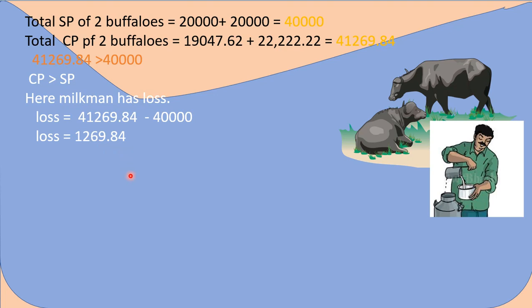So what do we have to find? The question says find out his overall gain or loss. So we found that the overall loss is there, and it is rupees 1,269.84. So we can say the milkman gets an overall loss, and it is rupees 1,269.84.